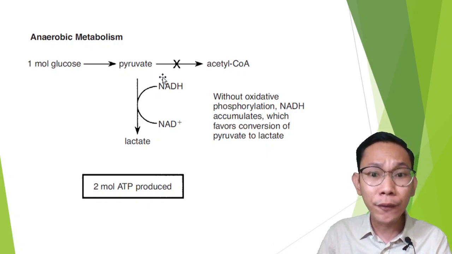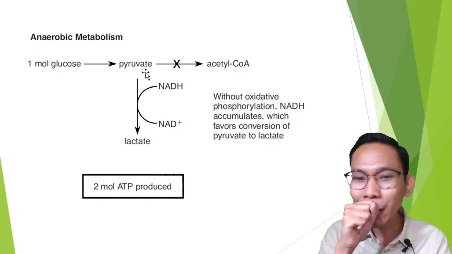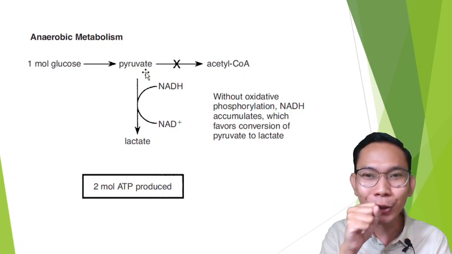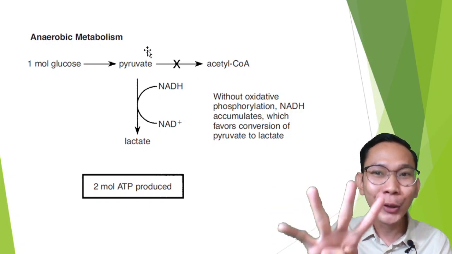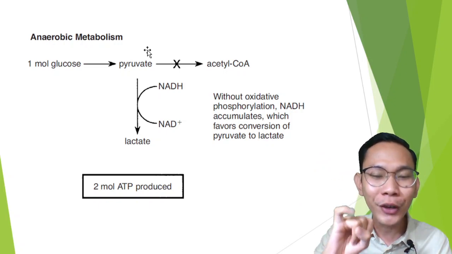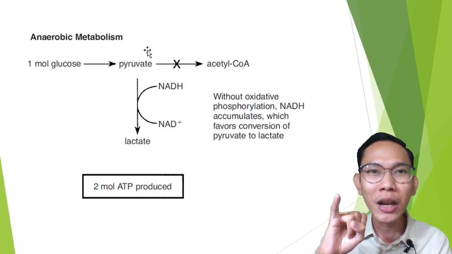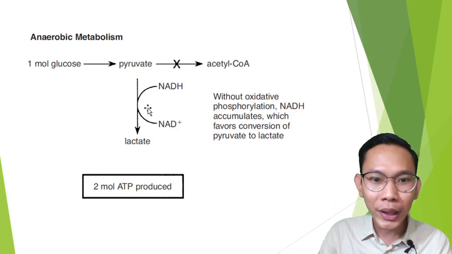Remember guys, there are 4 fates ng ating pyruvate. I just remember, mayroon akong mnemonics dito. I can still remember it, your LOLA. So, your pyruvate will undergo 4 fates. First fate niya, F-A-T-E, pwede siyang mag-undergo into lactate. Ito yung sinasabi natin, pyruvate to lactate. Pag nag-accumulate ang NADH, it will go to form into lactate.